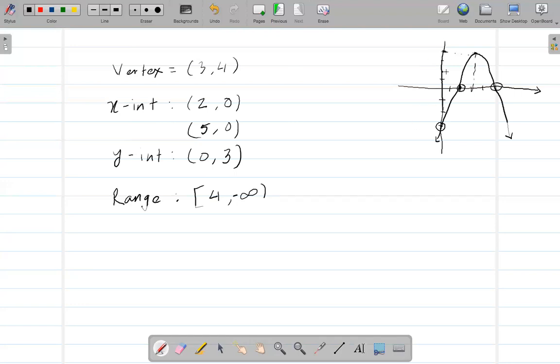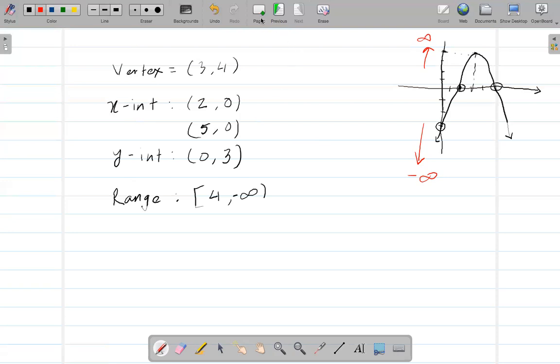So from 4 to negative infinity. All right, clear? That's one example. Now let's look at another example.